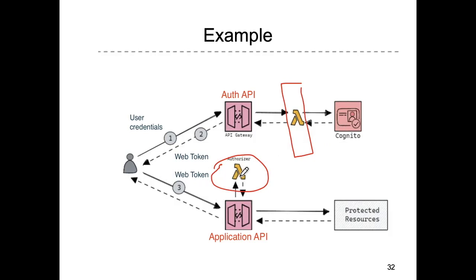If it is a valid token, it will tell the web API that you can forward on the request to the lambda that's over here. Alternatively, it'll say that it should deny access, and there'll be an appropriate error sent back to your client.